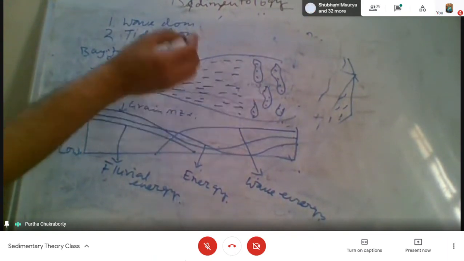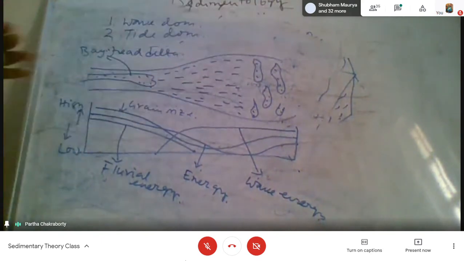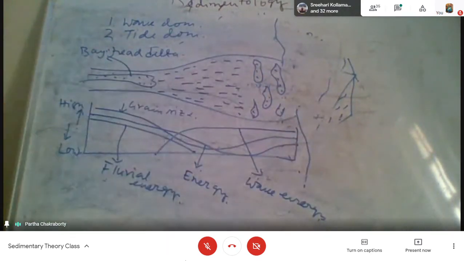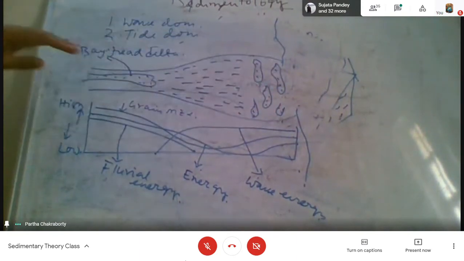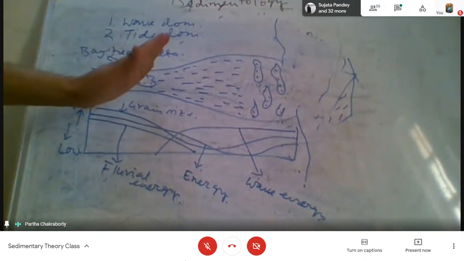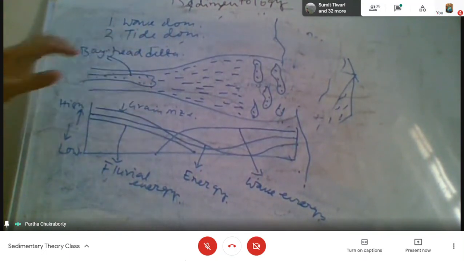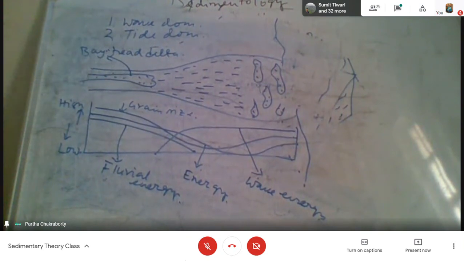The shoreline is going like this, and it will create bars parallel to the shoreline. The river system will be restricted to the proximal part, forming a small scale delta, which is called the Bayhead Delta.